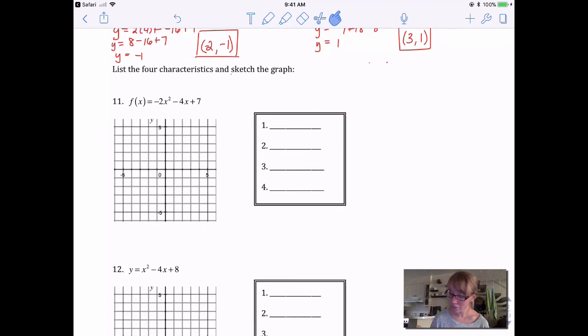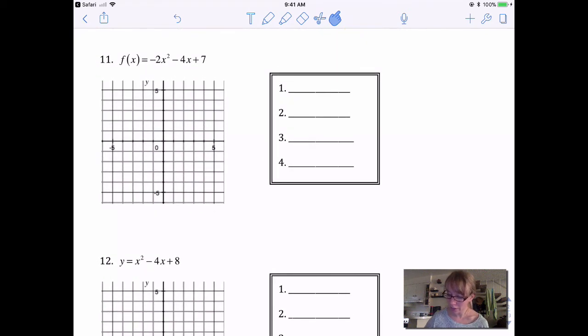When I actually look for the 4 characteristics and sketch the graph, I'm really looking at the same process as I was for vertex form. The only thing that's going to be different is finding this vertex. So looking at number 11, if I want just the vertex, because that's my first characteristic, I have x is the opposite of b, so in this case the opposite of b is 4 over 2 times a.